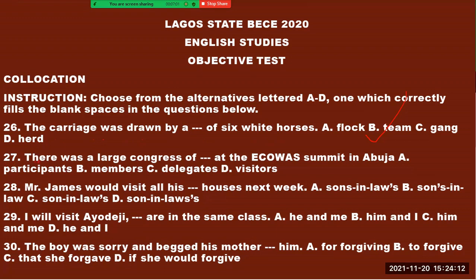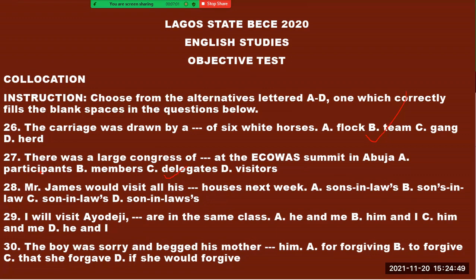Now, number 27. There was a large congress of dash at the ECOWAS summit in Abuja. A, participants. B, members. C, delegates. D, visitors. Now, here you will see that when we have a summit, then you have delegates from different countries. All right. So the appropriate word is delegates. All right. You talk of participants when you talk of a competition.